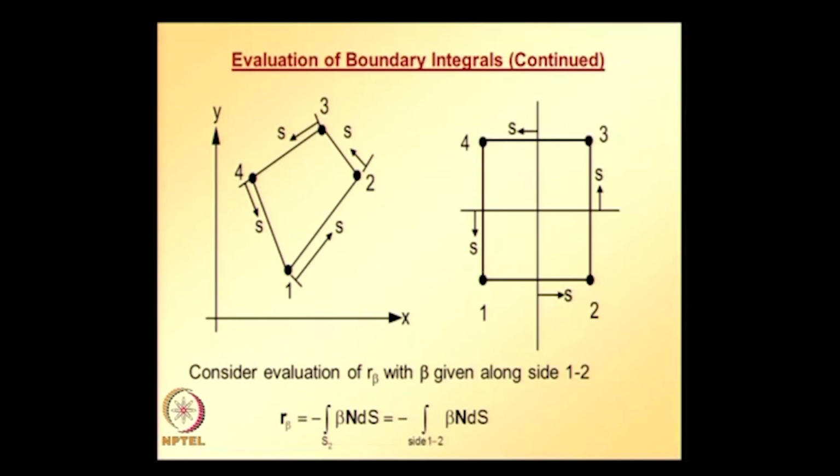R beta is integral of beta N dS, capital dS, sorry, d capital S. So, here we will illustrate the procedure by taking side 1 2. That is why it is written side 1 2 there.